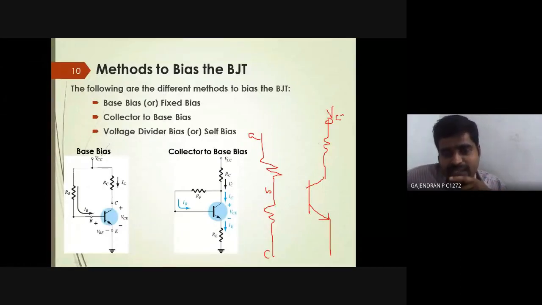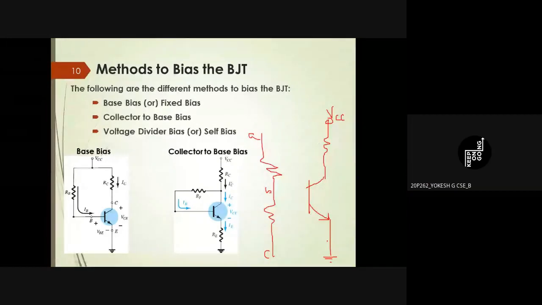Where do I want to connect A? Please make an attempt. If it is wrong, no issue. A, where do I need to connect? Voltage divider bias. I need to divide the input voltage, and then I need to give the divided voltage.